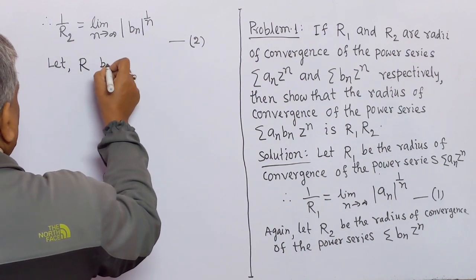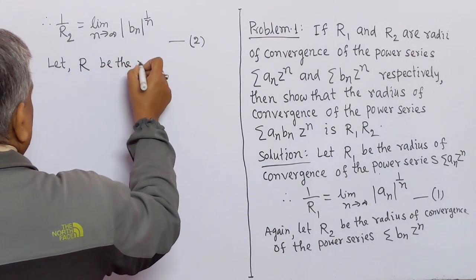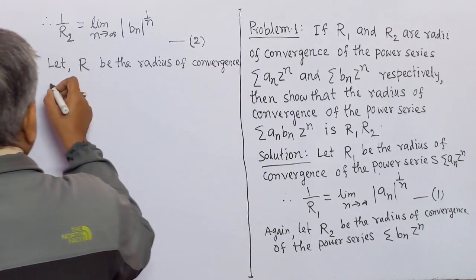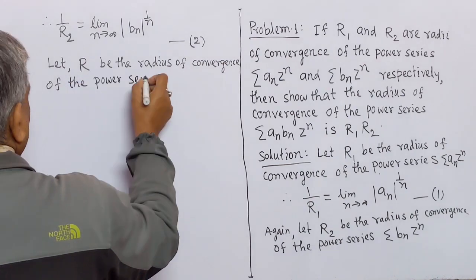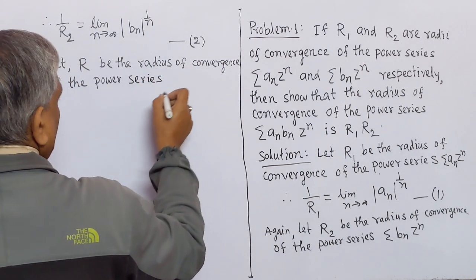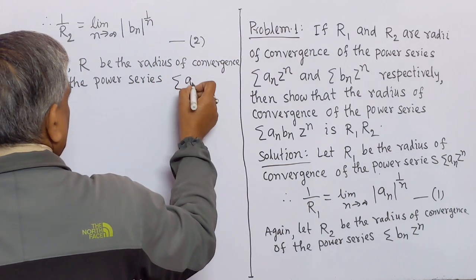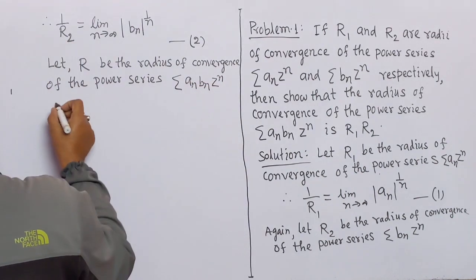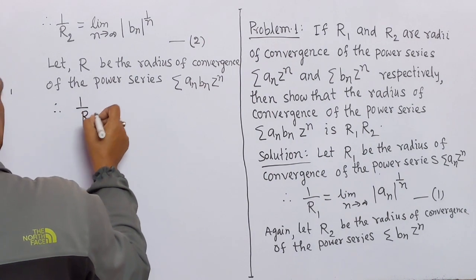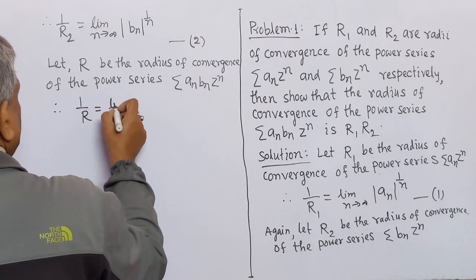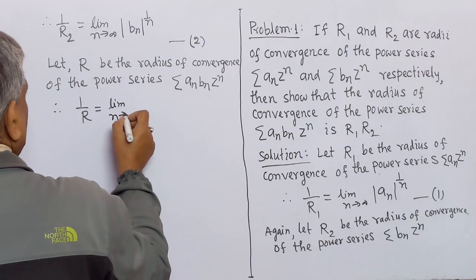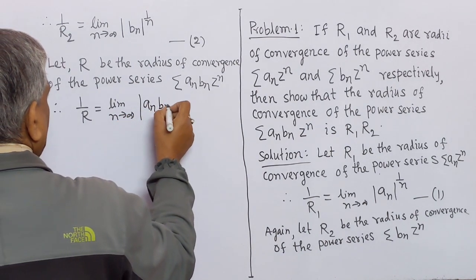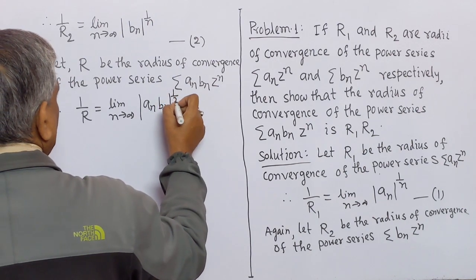Let R be the radius of convergence of the power series sigma an bn z to the power n. Therefore 1 by R equal to limit n tends to infinity modulus of an bn whole to the power 1 by n.